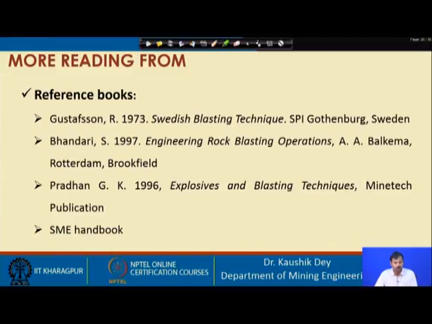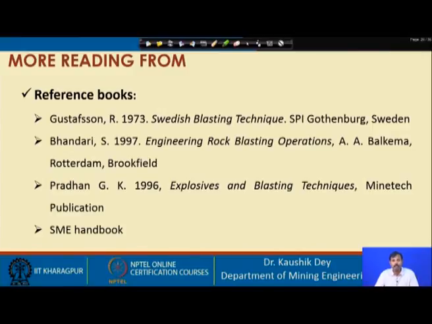If you are not able to understand yet, you can go through some reference books written by Gustafsson, Bhandari, Pradhan. The SME handbook also has a very good text on this explosive rock interaction. Explosive rock interaction is the basis of rock fragmentation by blasting.